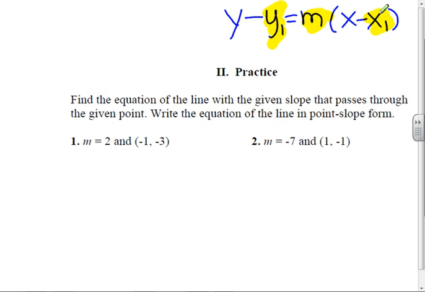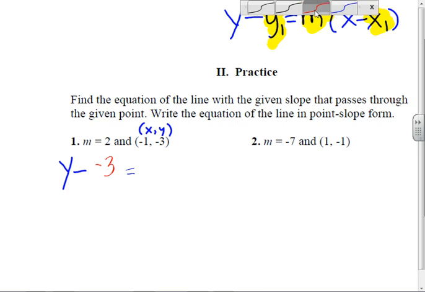So Keaton's going to help me with this. It's y minus, and should we put x, y here so we get it straight? What's the y value I'm going to put in there? That's right, negative 3. Okay, Corey? Equals, what's the slope I'm going to put in there? Because now I'm going to put in slope.